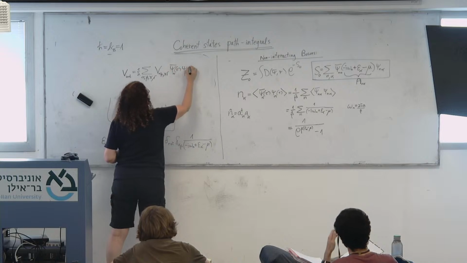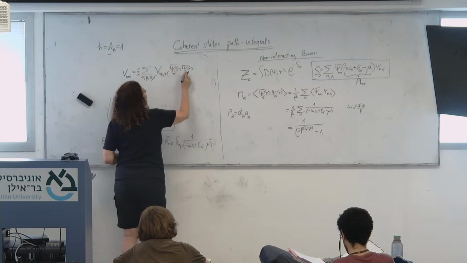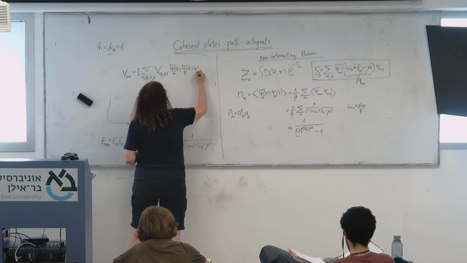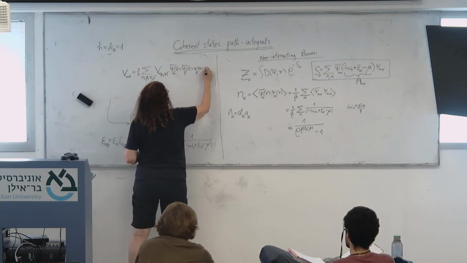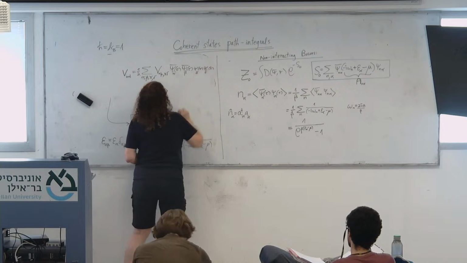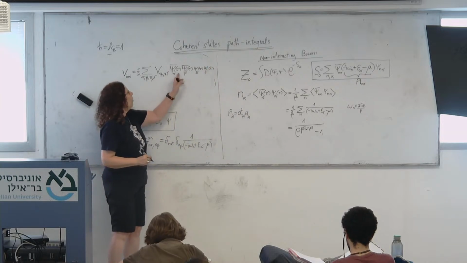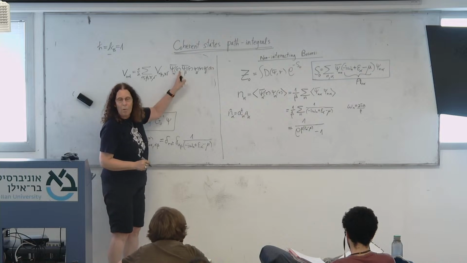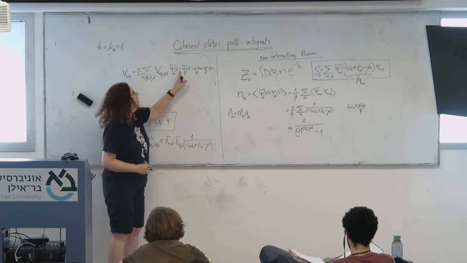Here I have alpha, beta, gamma, and delta. It's a product of 4, and all of them are on the same tau.